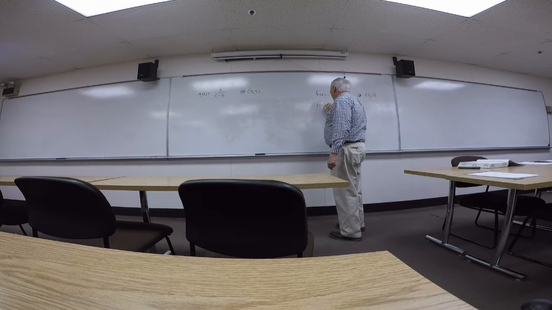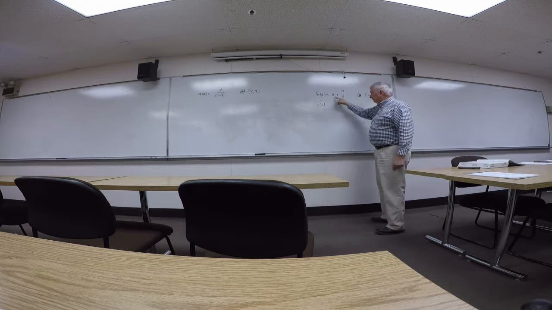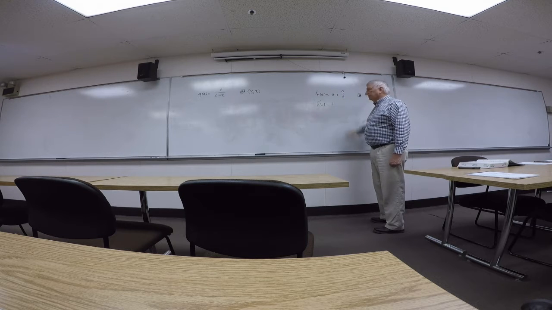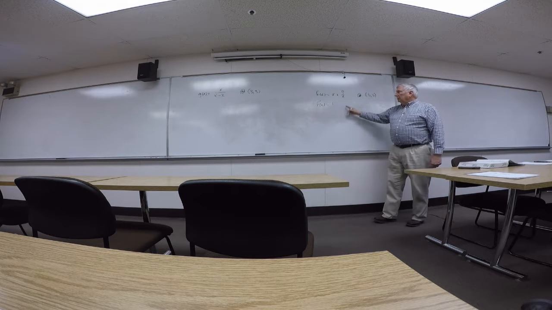f prime of x is, what's the derivative of x? This is x to the first, so it becomes 1 times x to the 0, so it's simply 1. This we can do one of two ways. We can think of it as a quotient, the function 9 over the function x, or we can think of this as 9 times x to the minus 1.